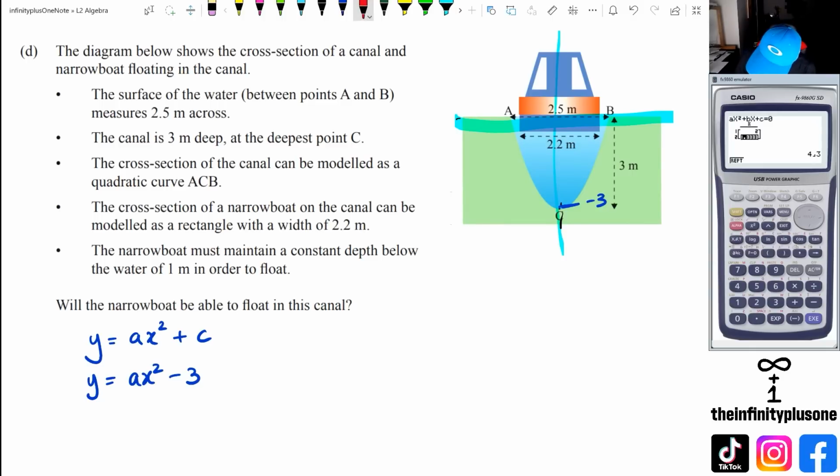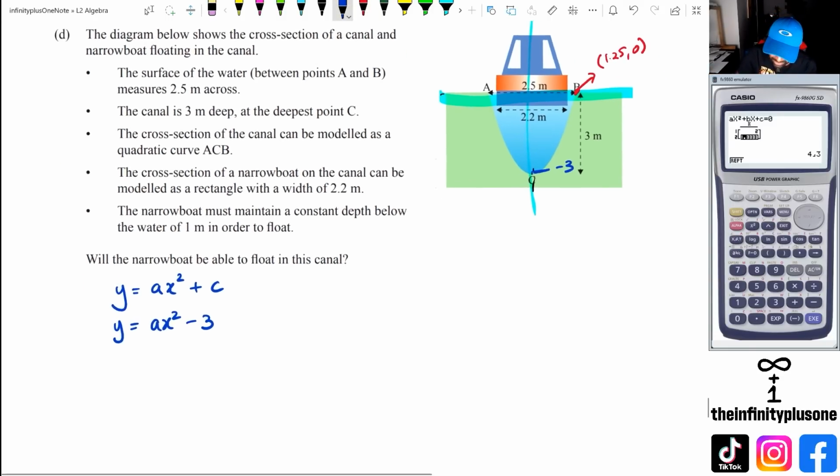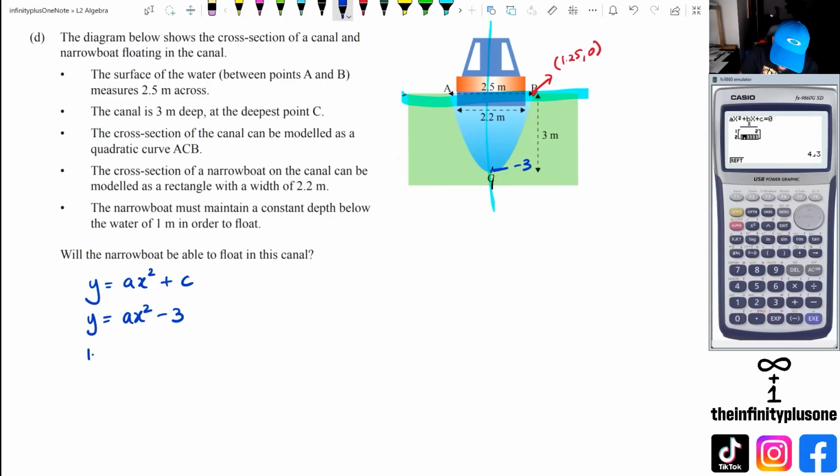Now this point right here, this point B, is going to be at 1.25 and 0. So that's at 1.25 meters, because 2.5 meters is the width of the canal itself. So 1.25, 0 is one of the points I could use to figure out the a value. So I'm going to use that, 1.25 and 0.